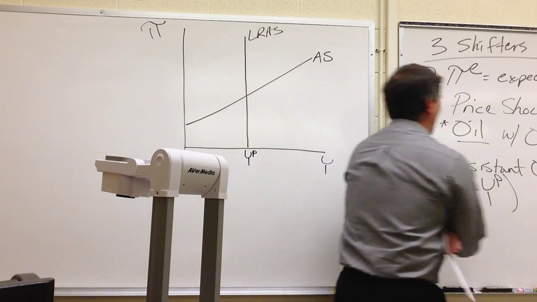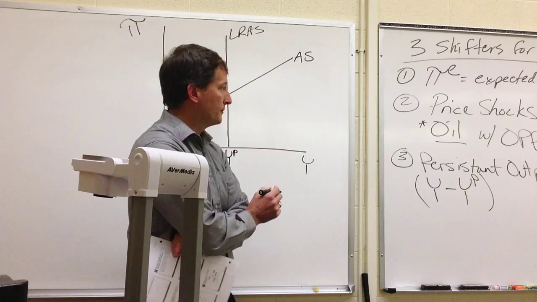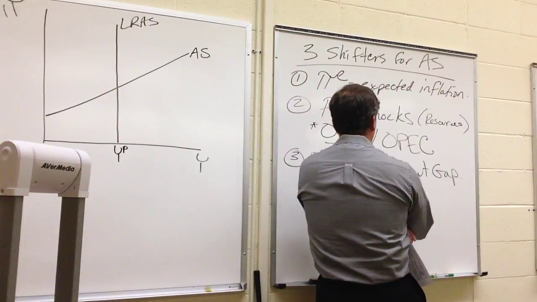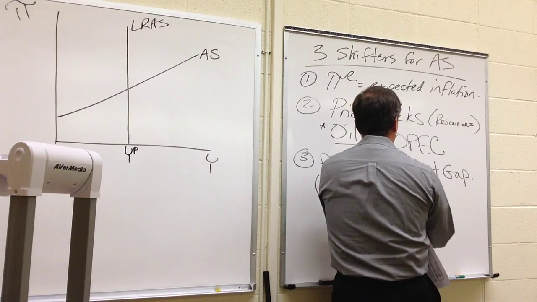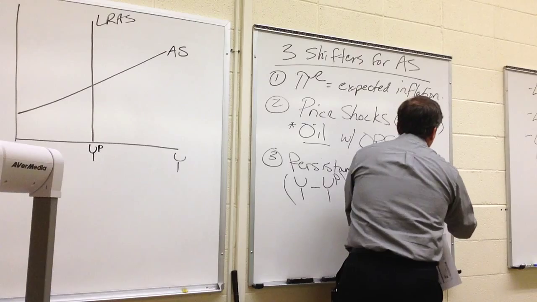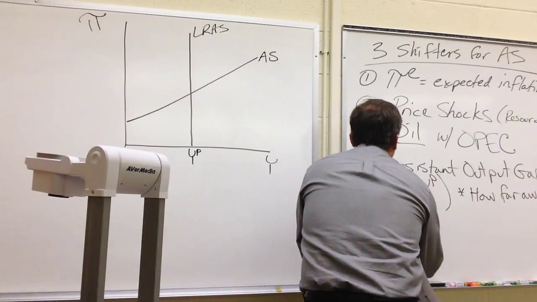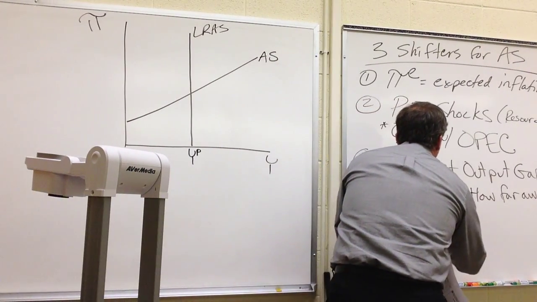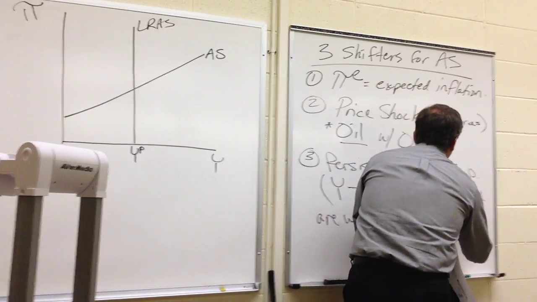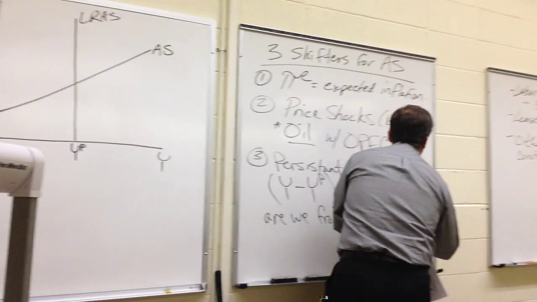This is the equation for the output gap. So this equation shows, or kind of answers the question, how far away are we from potential? Potential real GDP.